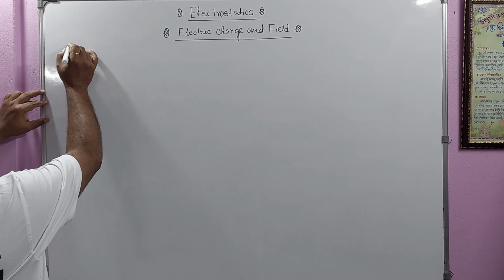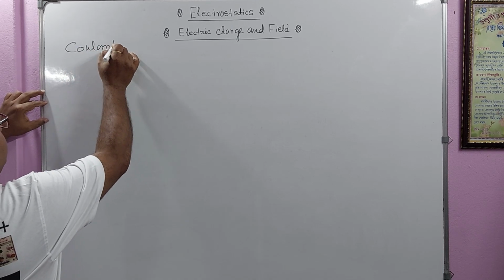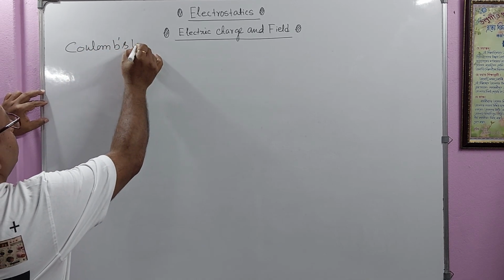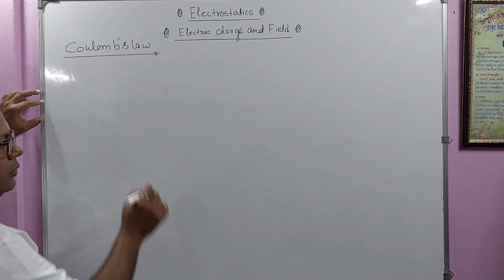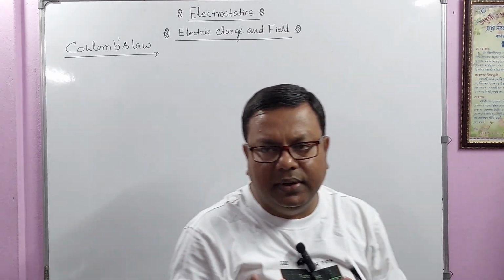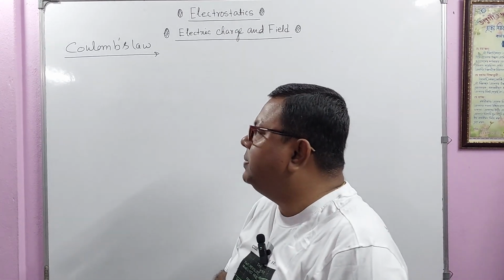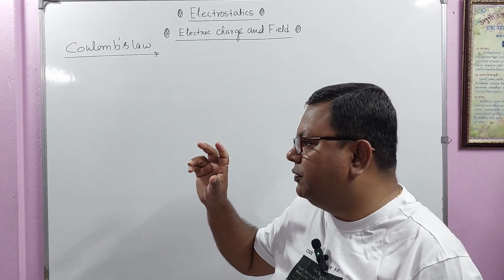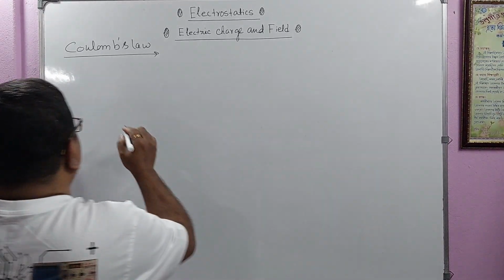So Coulomb's law, first of all, we should study the statement and then its mathematical form, and then we are going to explain the concept of constant here, which is very important. So what is the statement?